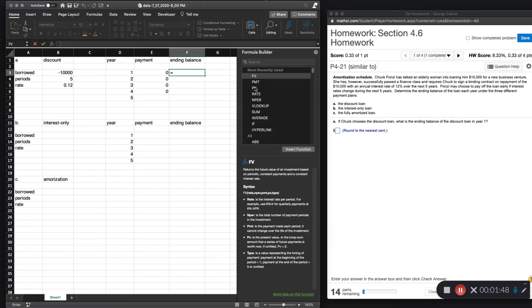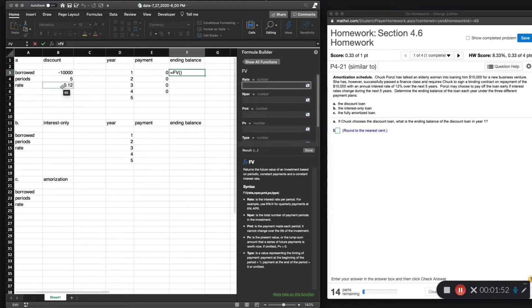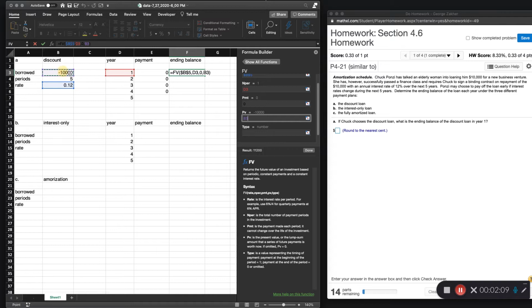Okay, so if we use our future value function, we have a rate, and let's make sure that we lock in our constants. The number of years will change, but for the first year, it's just going to be 1 year. There's no payments actually going to be made. Our present value, again, is that borrowed principal, and that's going to stay the same.